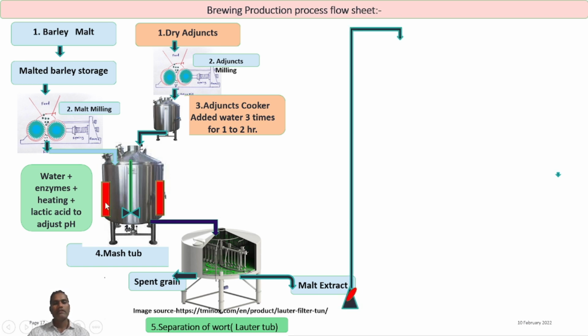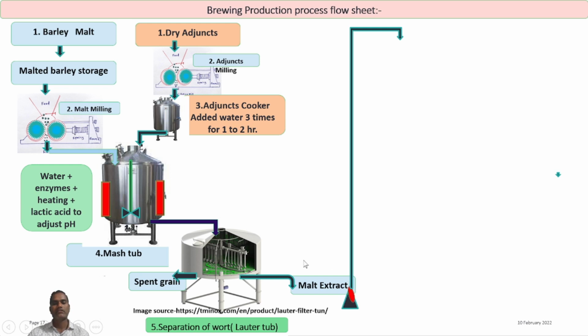That means the soluble constituents extracted in the mashing process are separated, and this extracted liquid is used for the brewing process, while the remaining insoluble solids, the spent grains, are the waste in the brewing process.